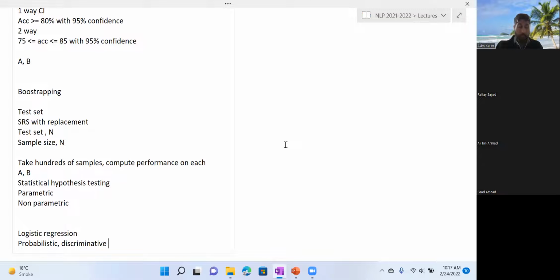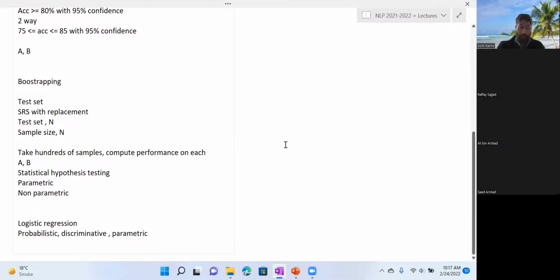So it's a probabilistic discriminative classifier. And of course, you can also call this parametric, but naive Bayes can also be called parametric. But usually this classification is not applied to naive Bayes and logistic regression. But you can make the distinction because you have a linear model at the end of the day.